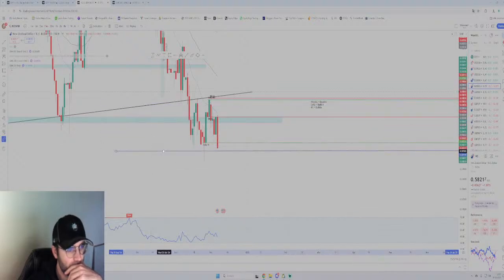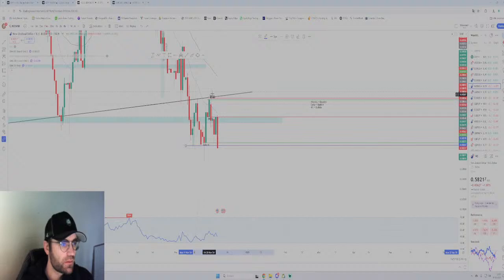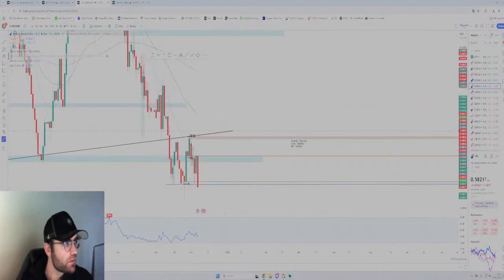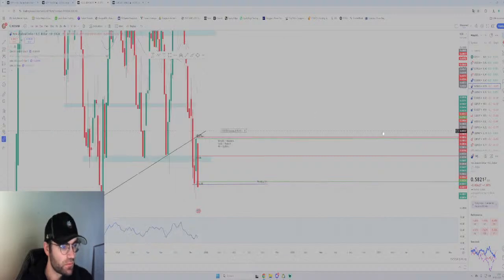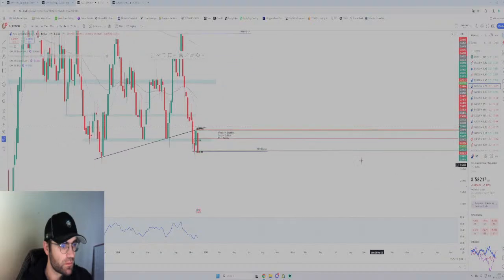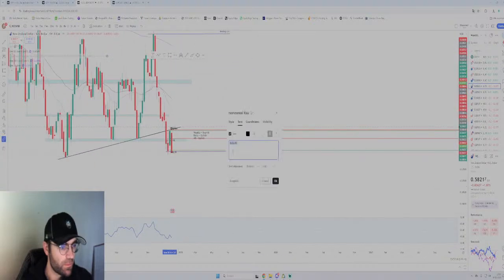What's this? It's supposed to be the weekly. Yeah, that's the weekly. Why is it on the right? All right.